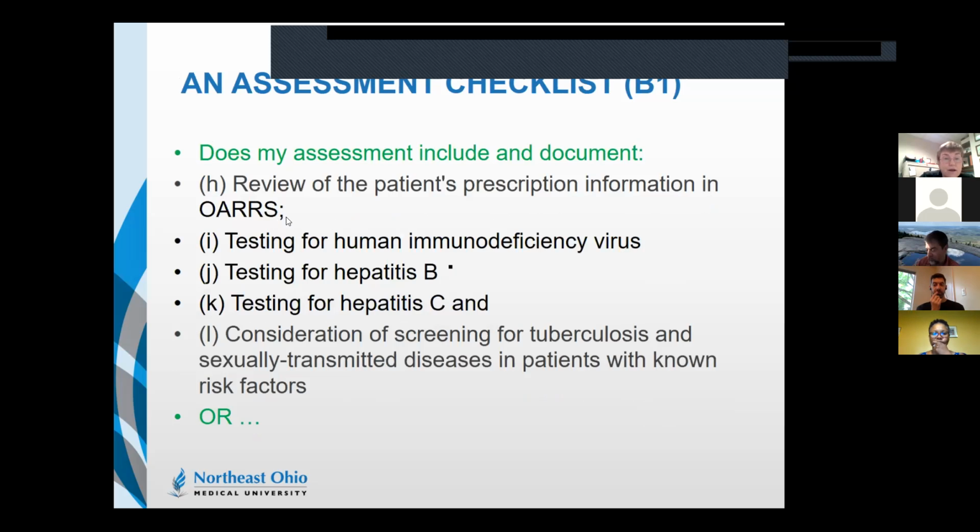We further want to document that we've looked at an ORS report and describe what's in that. The blood tests required for a patient entering MOUD are testing for HIV, hepatitis B, and hepatitis C, and thinking about whether they're at high risk for tuberculosis or sexually transmitted diseases.